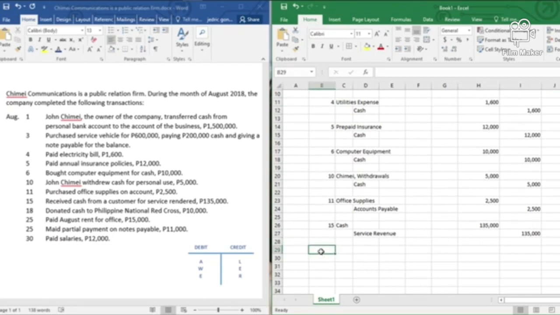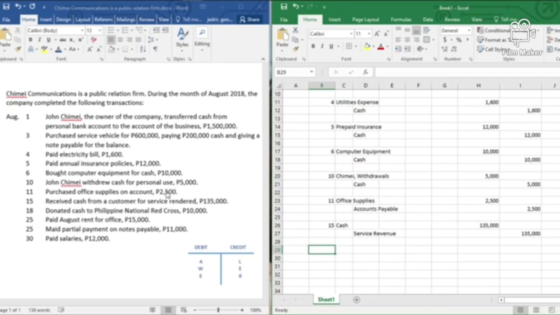Then we have 18. Si 18 naman daw, donated cash to Philippine National Red Cross, 10,000. So, nag-donate daw, naglabas ng pera ang company para i-donate sa National Red Cross. So, that is an expense. This is a charitable contribution expense.